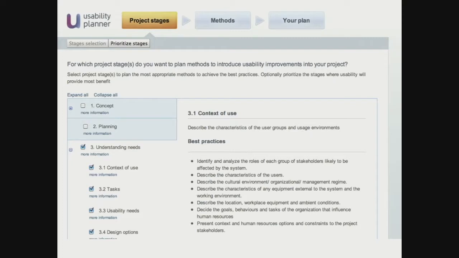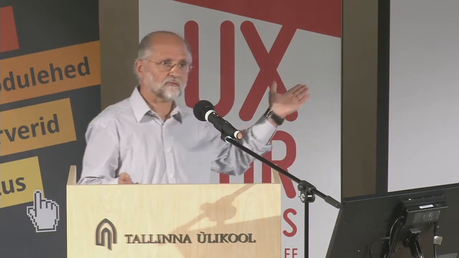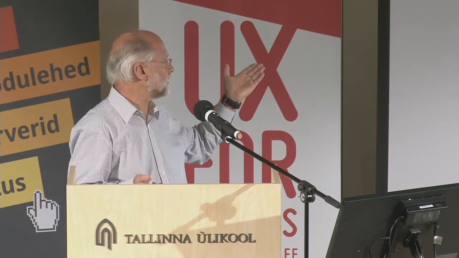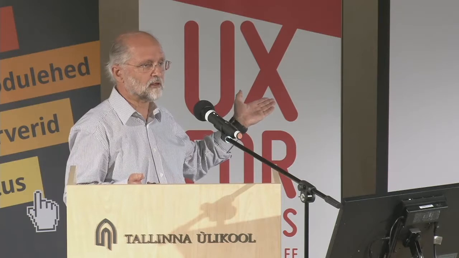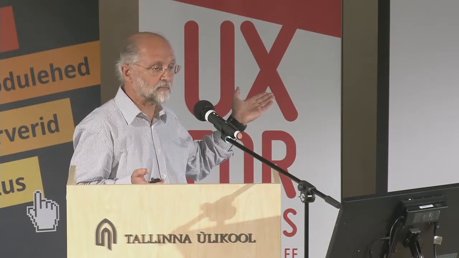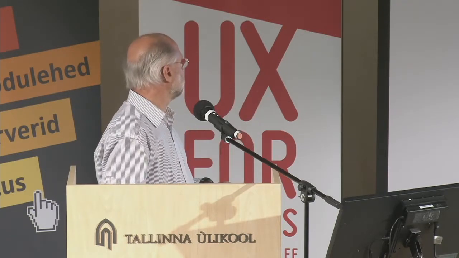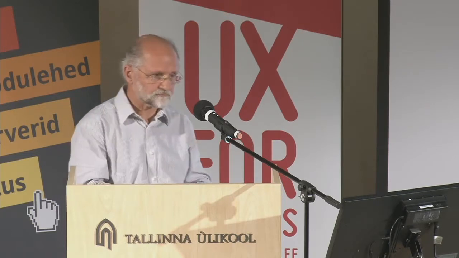So for context of use, the ISO standard says the best practices include identifying and analysing the roles of each group of stakeholders likely to be affected by the system, describing the characteristics of the users, describing the cultural environment, organisational management regime, and so on. So that's a list of the activities you potentially may need to carry out if you're dealing with context of use.